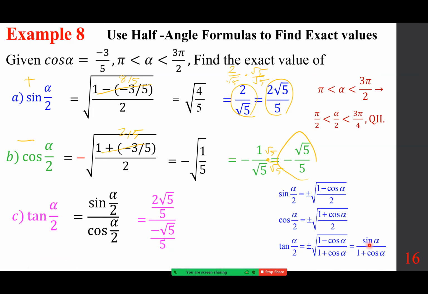Yes, but this is the fastest and easiest. And obviously in the second quadrant, you end up with a negative value for tangent. I hope you see that they cancel each other. Then 2 square root of 5 over minus square root of 5 is simply negative 2. It's a very simple calculation.